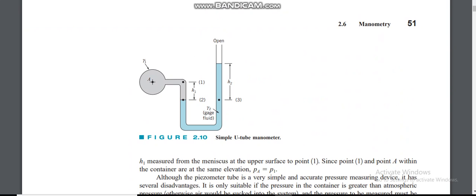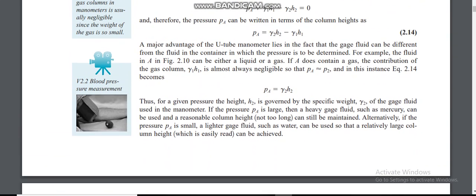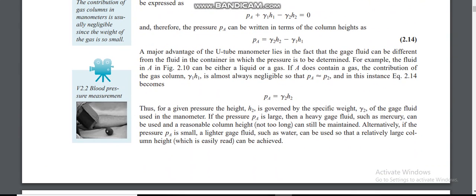Like there, pressure at point 1 is almost equal to pressure at point 2, or pressure at point A is almost equal to pressure at point 2. So we neglect this pressure and just count this and this. So moving downward, PA is equal to gamma 2 H2.